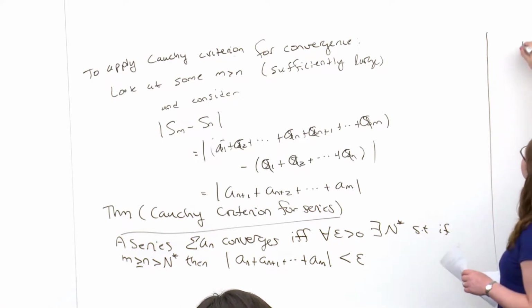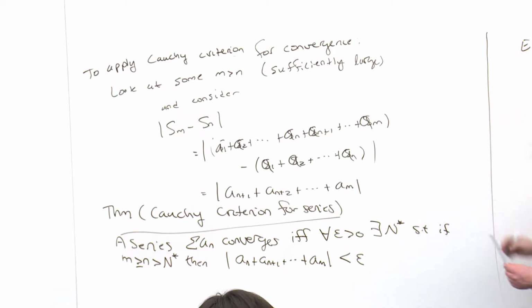We'll go back to the same example that we just did. The sum from n equals 1 to infinity of 1 over n times n plus 1. And we happen to know that An is 1 over n minus 1 over n plus 1.